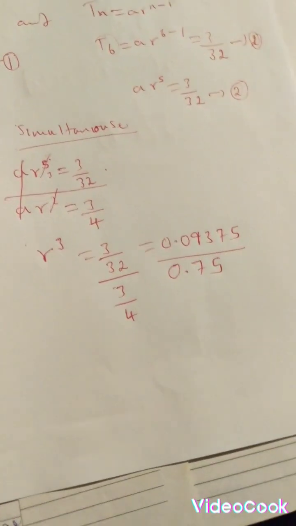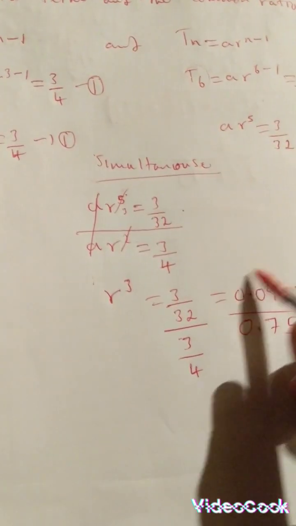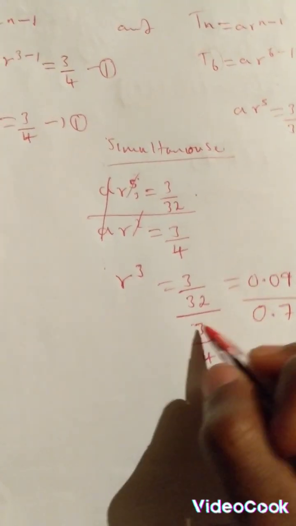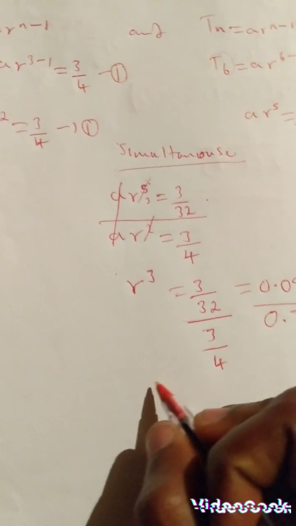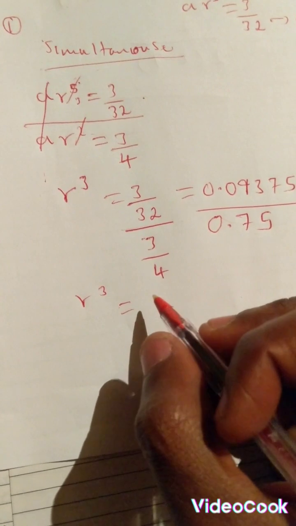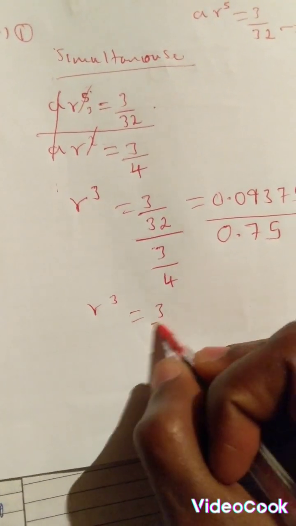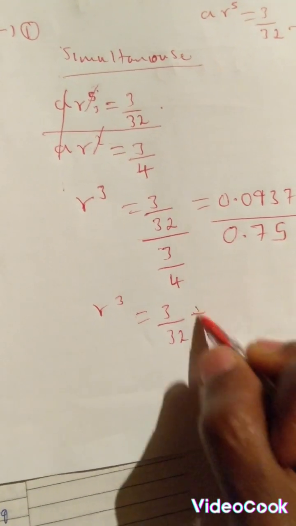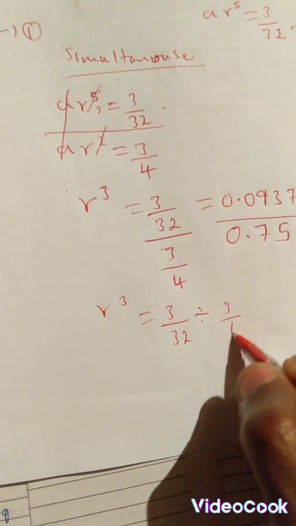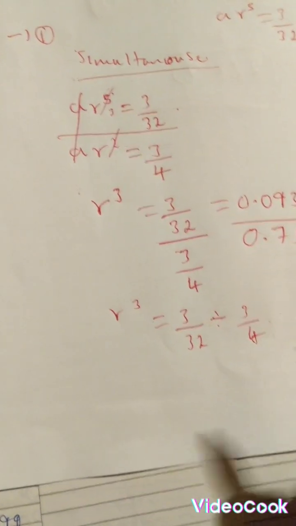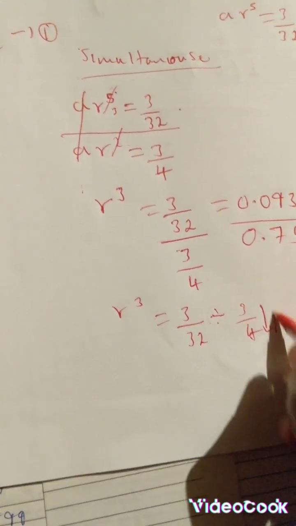Then from here, or if you don't want to do this, since this is division, we are going to say r cubed is equal to 3 over 32, then divide by 3 over 4. For us to change this, the numerator will come down, the denominator will go up.